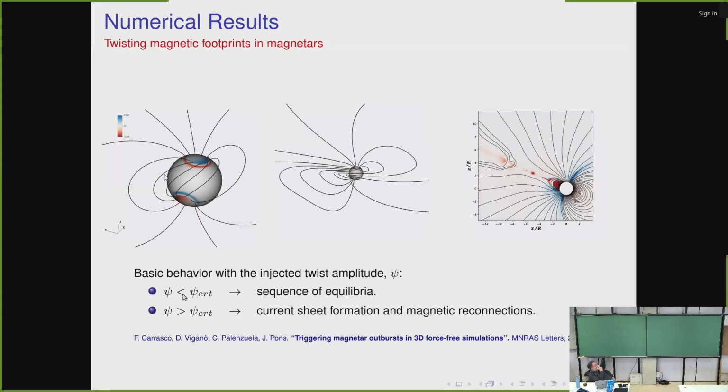But if you twist the field's footprints beyond this critical value, then suddenly there is an instability in the magnetosphere. The twisted magnetic field lines expand very suddenly, and then they reconnect and they eject these plasmoids. And these are related with these transient emissions that we see from magnetars.